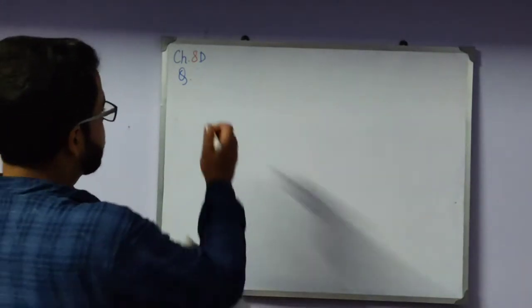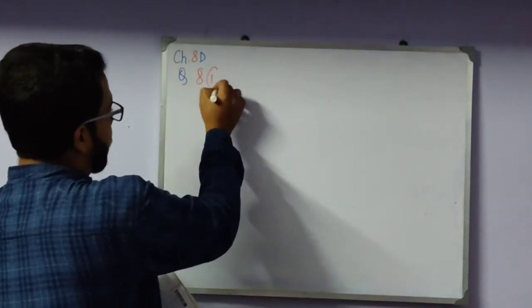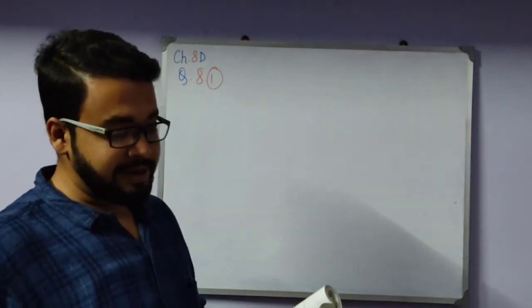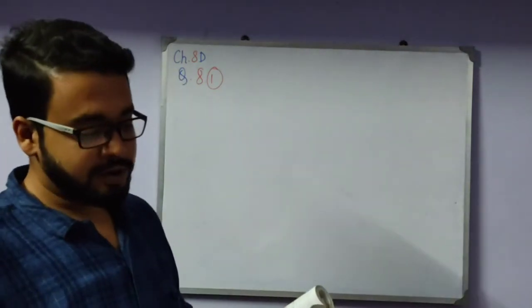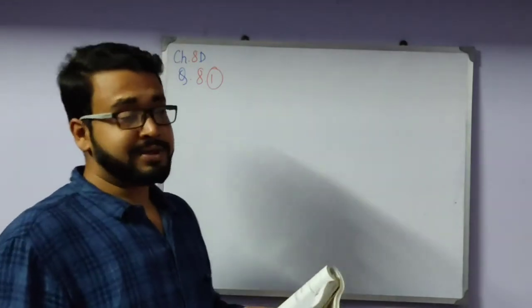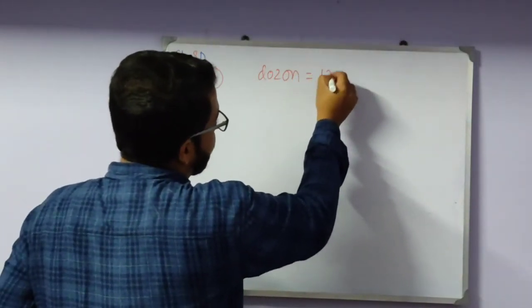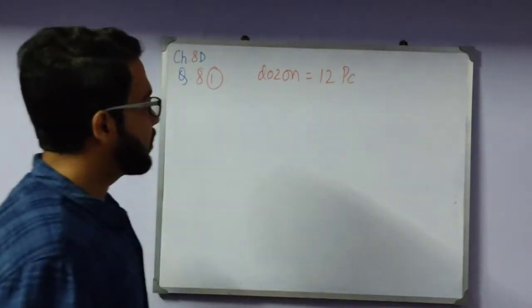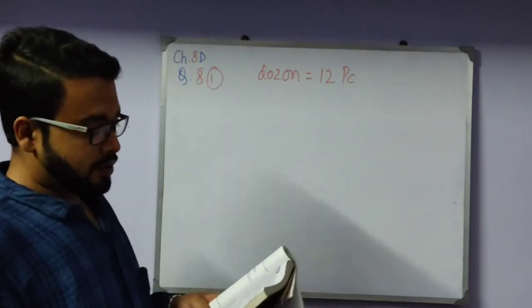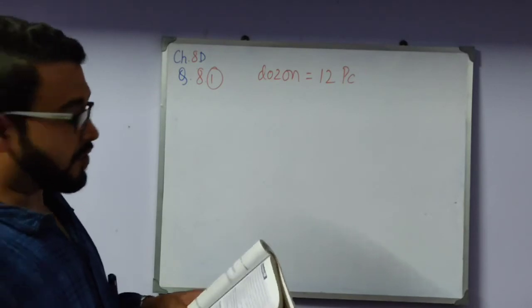The next question, 8.1. Which is a better buy, a dozen bananas for 30? A dozen means 12 pieces. So 12 pieces of bananas cost rupees 30.